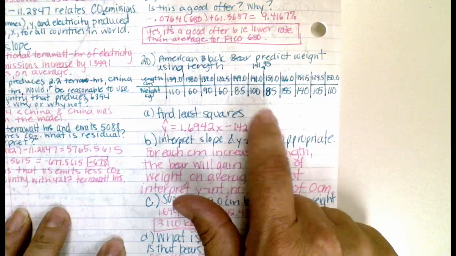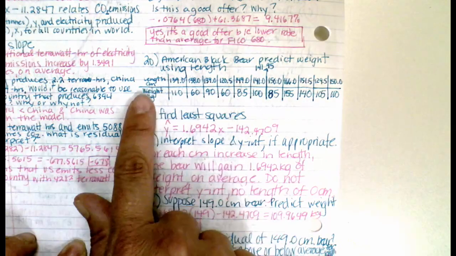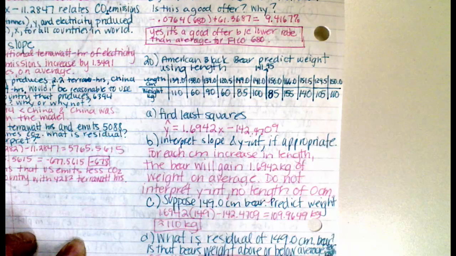All right, so 20 was one of the ones where you were given data, so obviously that needs to be pulled into StatCrunch. This one was data for the length and weight of American black bears. It says the data represents the lengths of 12 American black bears, length and weight for 12 different bears.